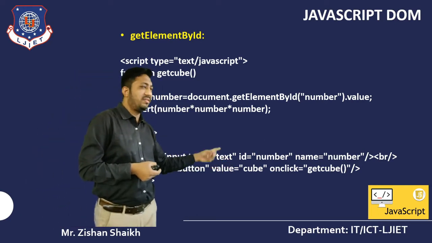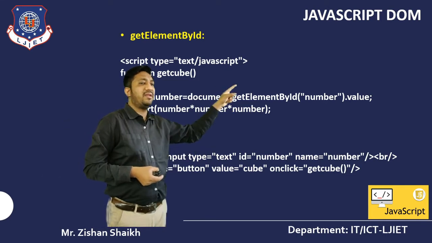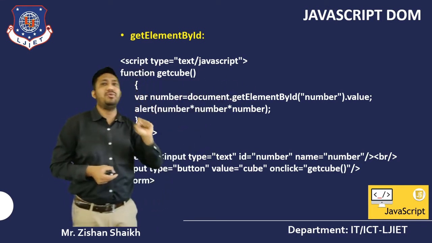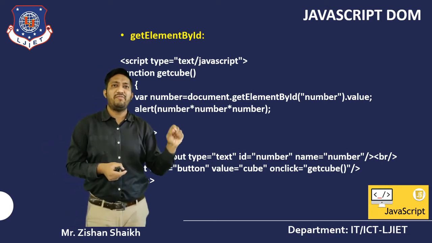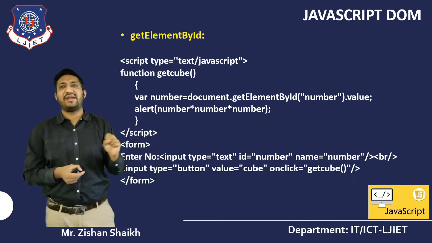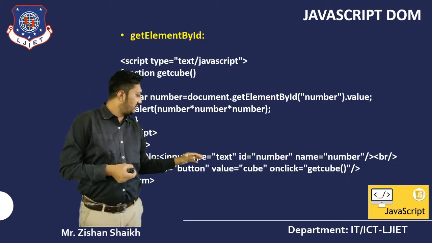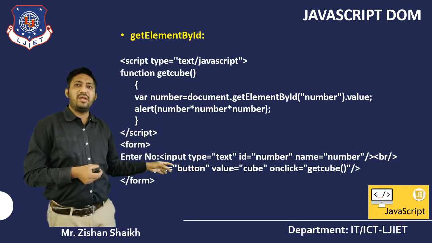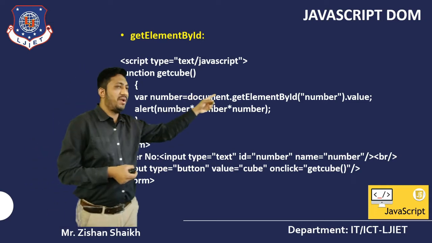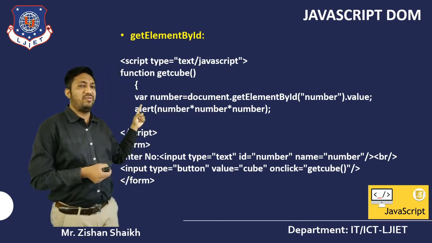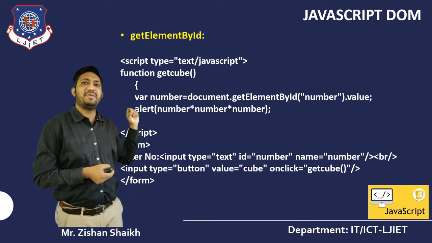So your ID is number, that will be passed here, and we use .value, which is compulsory. If you are not using .value, it does not get the value. So the value entered by the user in the text field will be obtained by this code, and we are storing it in one variable named number.